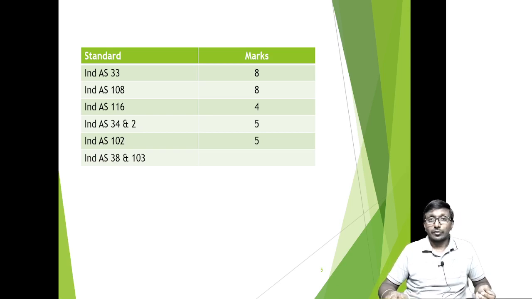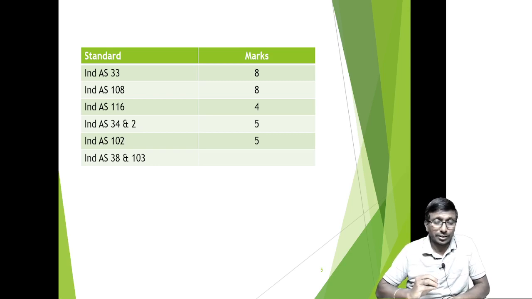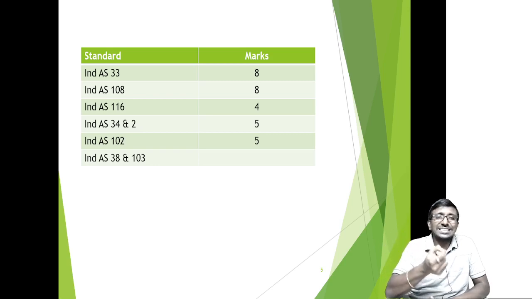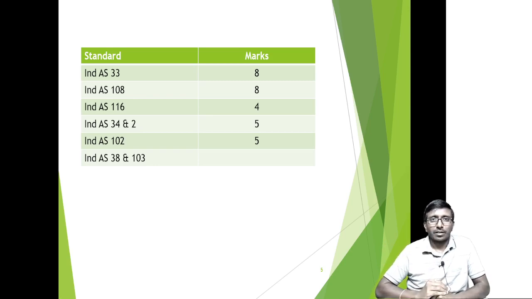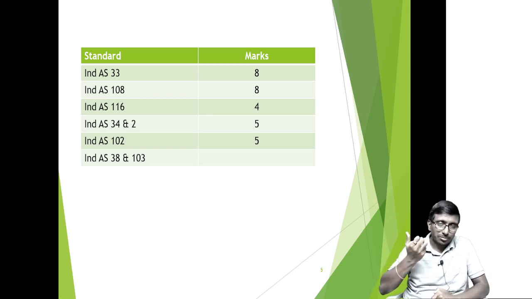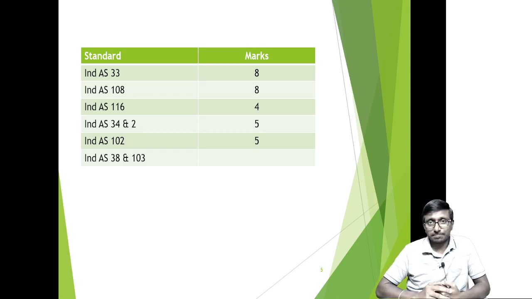Okay, and when it comes to the last question, there is a little bit of linkage to Ind AS 103. Actually, they have not asked any business combination question, not even one. This has an indirect linkage, otherwise not direct. In case of a business combination, they purchased an intangible asset.